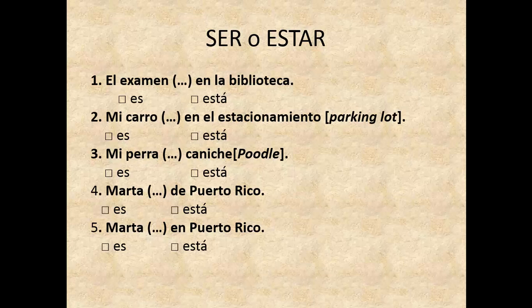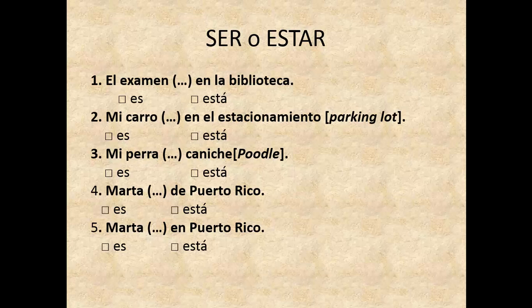So now since we have ser and estar down, let's practice and see if we can decide which is which. On your note guide, I'm going to give you the correct answer, but I want you to tell me the reason why you picked that particular verb and what part of the acronym it represents, lace or notice.